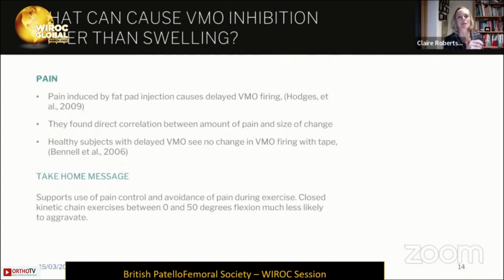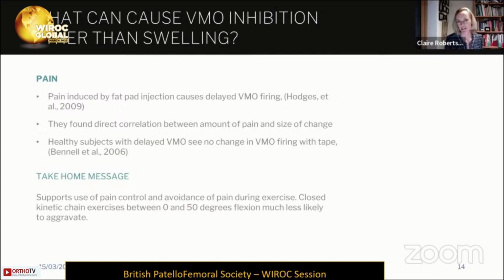So tape can be very useful for helping to break that cycle and giving you a window of opportunity with your rehabilitation. Also thinking about time of day, often patients will get more painful as the day goes on, so don't do the exercises when you come in from work and you're painful. So it supports the use of pain control, and the avoidance of pain.